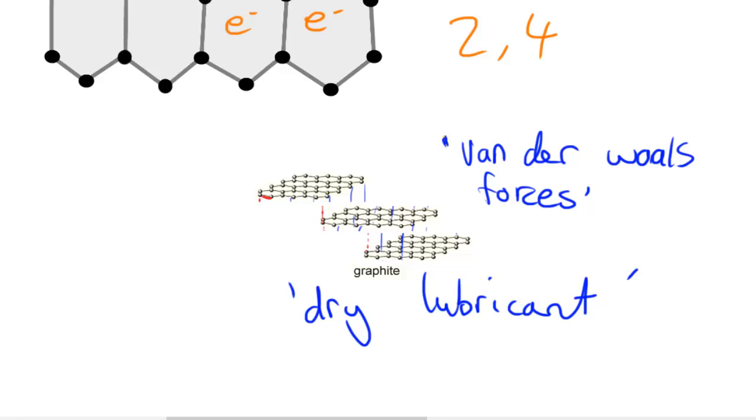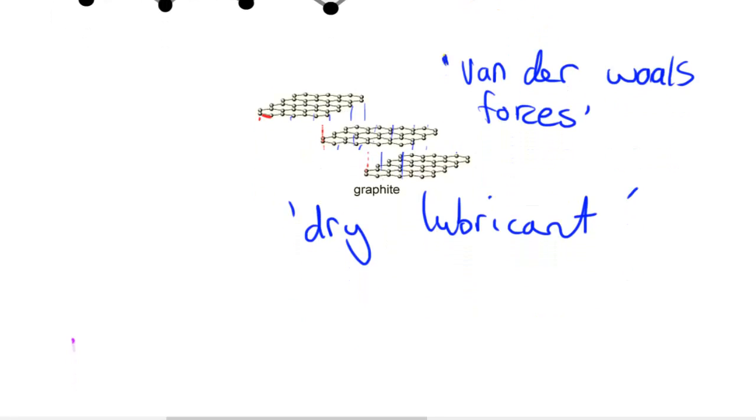This is quite useful because in some lubricant applications, we wouldn't want a lubricant which isn't dry. For example, if you have a zip on your jacket, you might want the zip to go up quite easily.